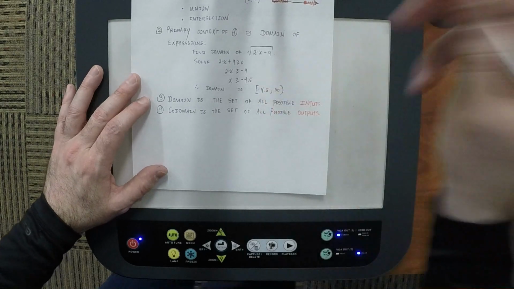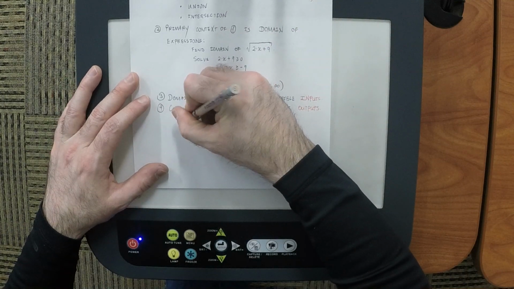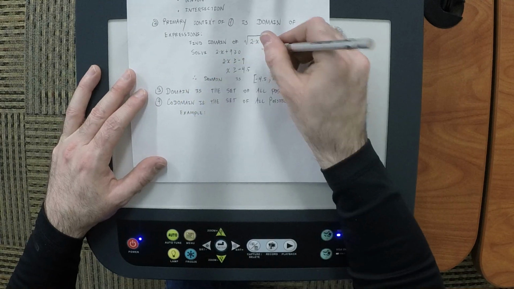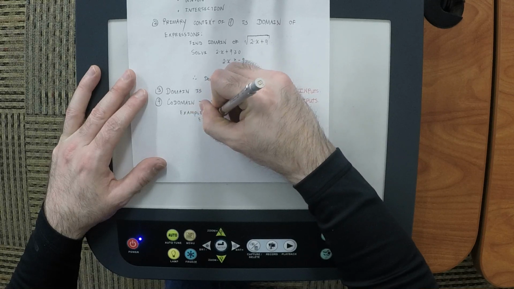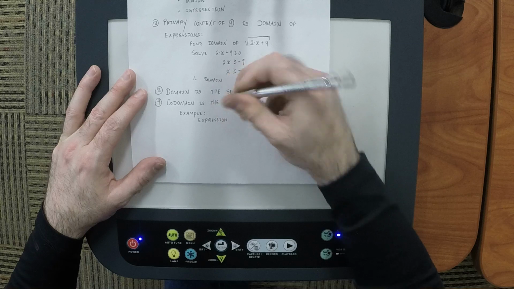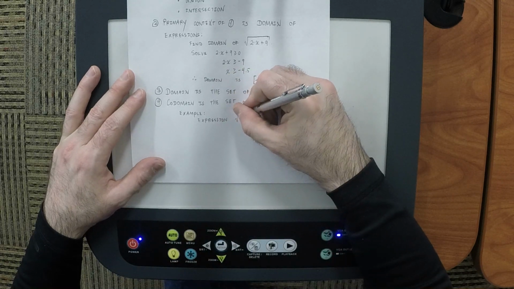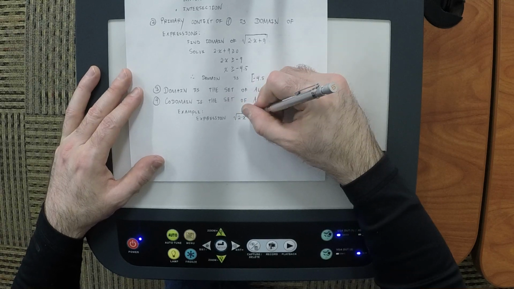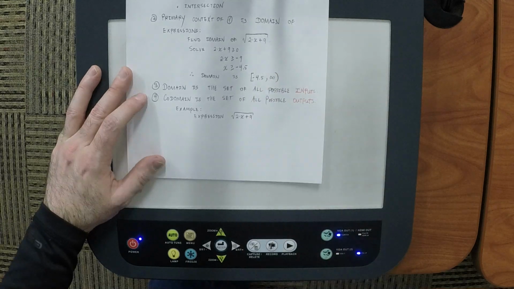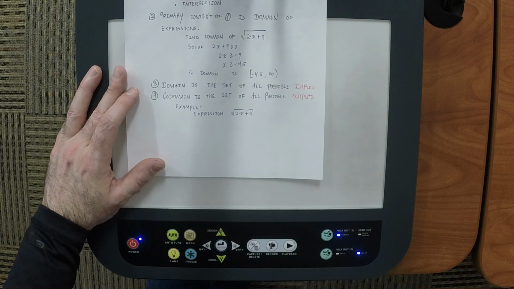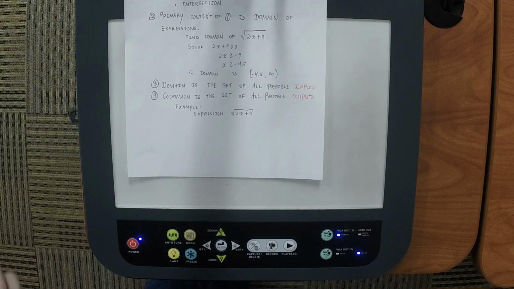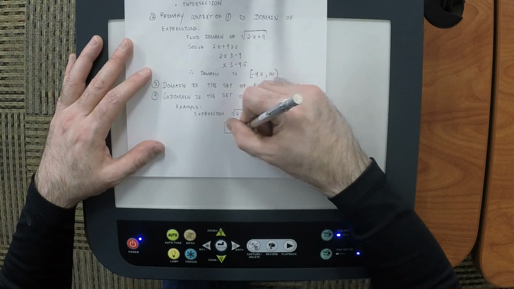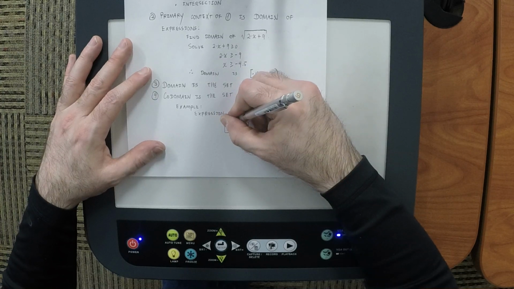So now, to give an example, if the expression is 2x plus 9, then here's how we're going to reckon it. We're going to consider this expression to be like a machine, like a vending machine.